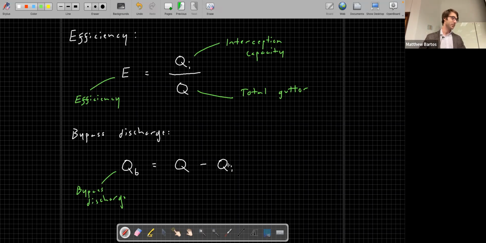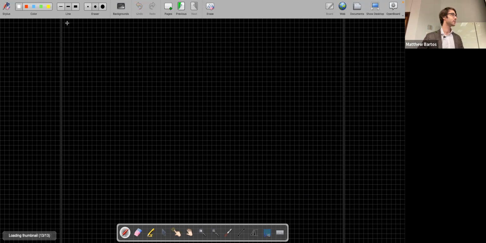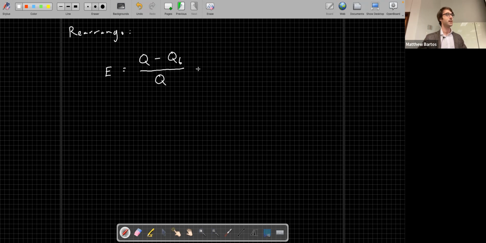Okay, so let's think about these equations a little bit. Note that we can rearrange these equations. The efficiency is equal to QI over Q. We can rearrange our equation for the bypass flow to rewrite our efficiency as Q minus the bypass discharge over Q. If we divide this out, this becomes 1 minus the bypass discharge over the total gutter flow.